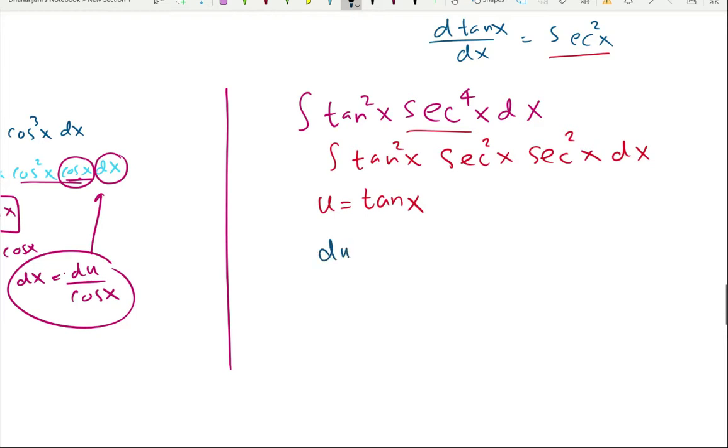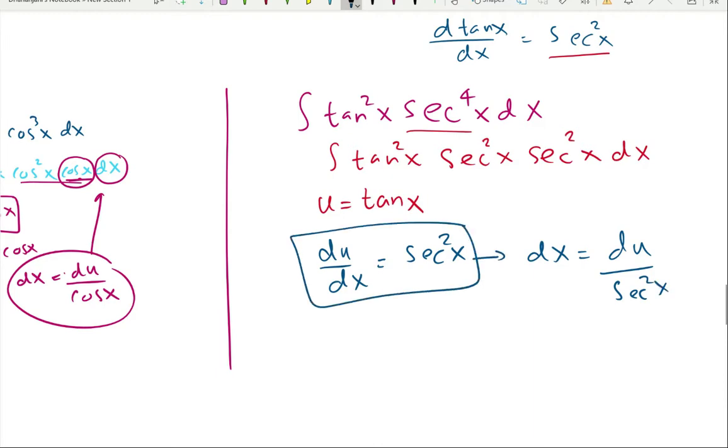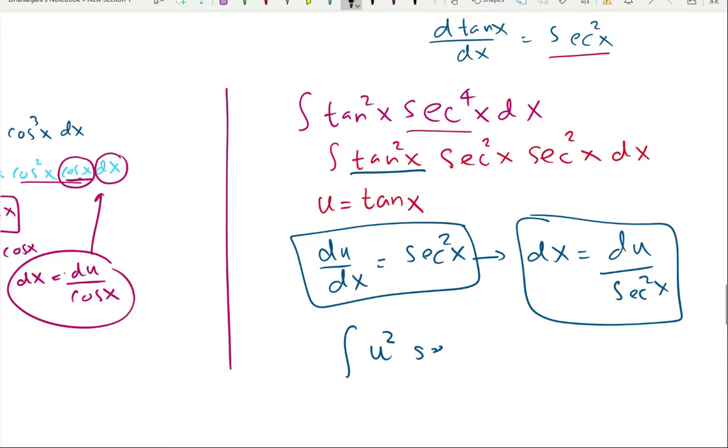Let's see, du over dx, derivative of tangent is secant square. Then dx is du over secant square, if you switch the sides here. Now let's do the integration by substitution. So we have tangent square, which is u square. Secant square, we have one extra secant square, let it be like that, it's okay.